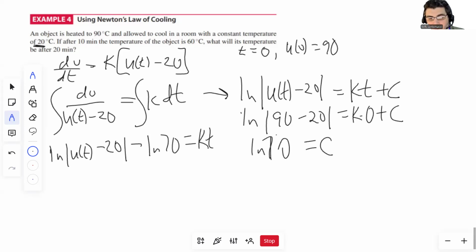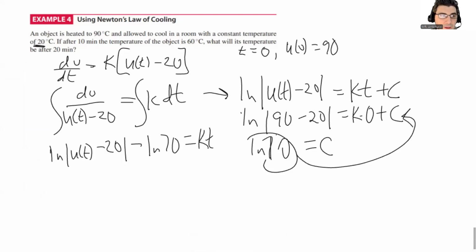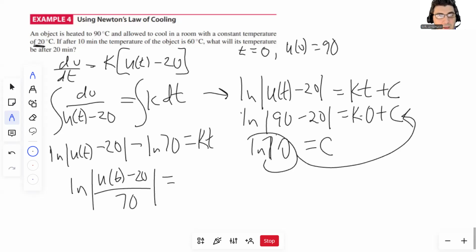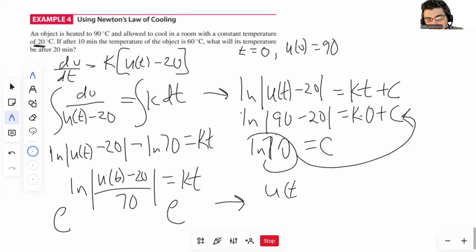Okay, so I put the natural log of 70 in for c and then subtracted that constant to the other side. Since this is subtraction, I can write natural log absolute value of (u of t minus 20) over 70 equals kt. And if I exponentiate both sides, I would have (u of t minus 20) over 70 equals e to the kt.